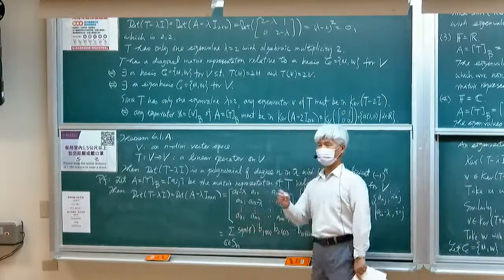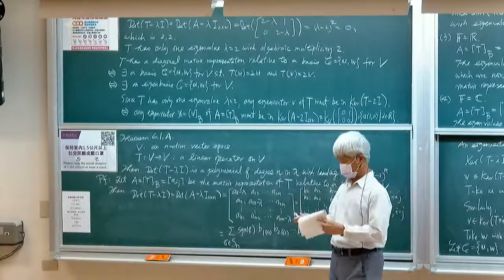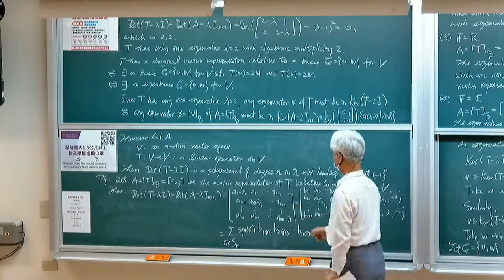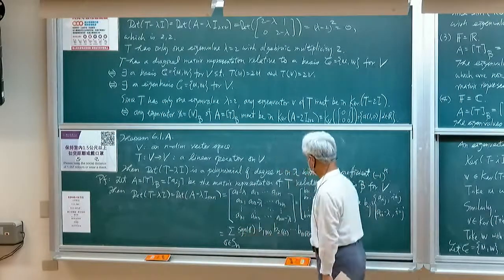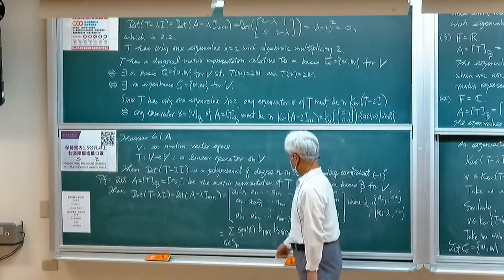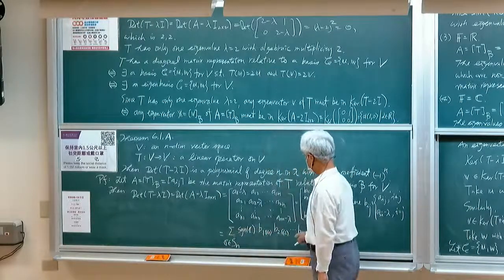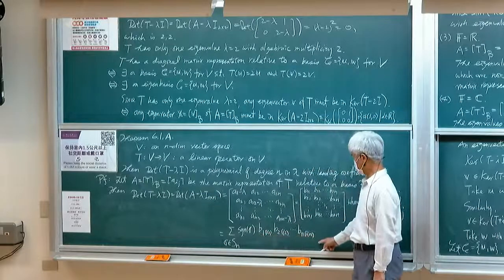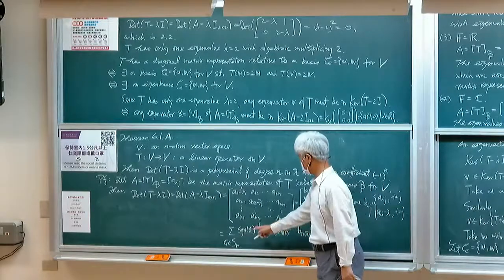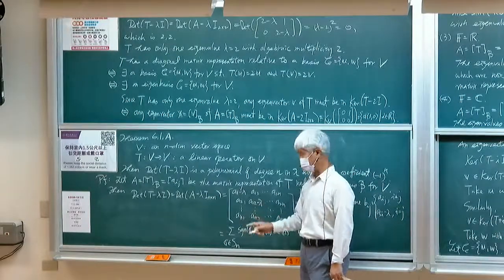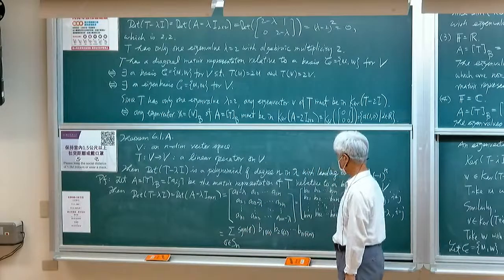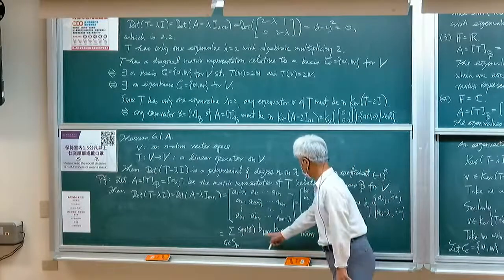So this is our expansion formula, and you can see that this is the sum of n factorial terms. Each term has a sign, which is just minus 1 or plus 1.